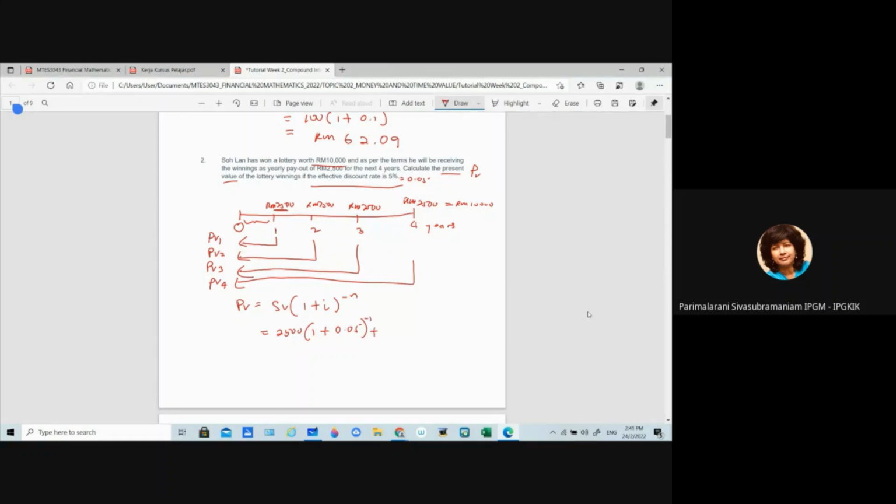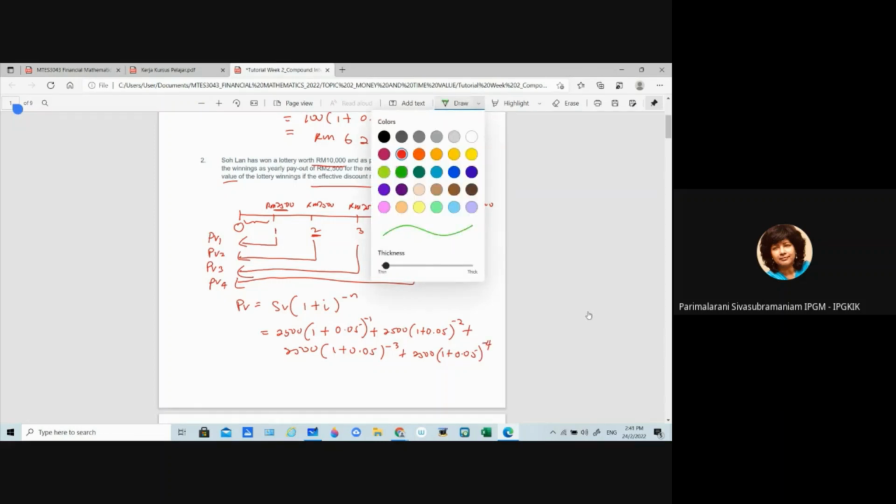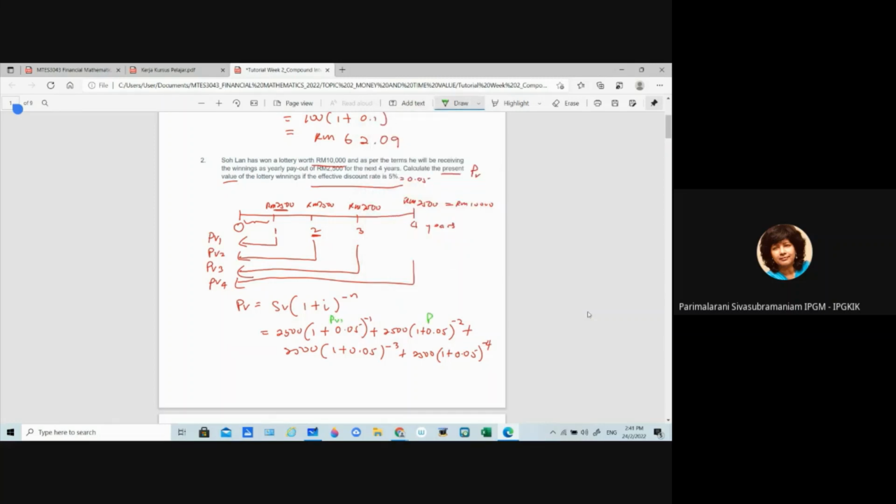Plus for the second, PV2 is 2,500 into 1 plus 0.05 to the power of, this is 2, so this is negative 2, plus 2,500 into 1 plus 0.05 to the power of negative 3, plus 2,500 into 1 plus 0.05 to the power of negative 4. Okay, so this is actually PV1, PV2, PV3, and this is PV4.